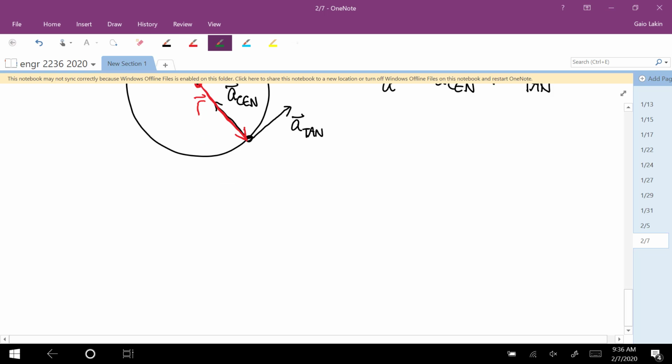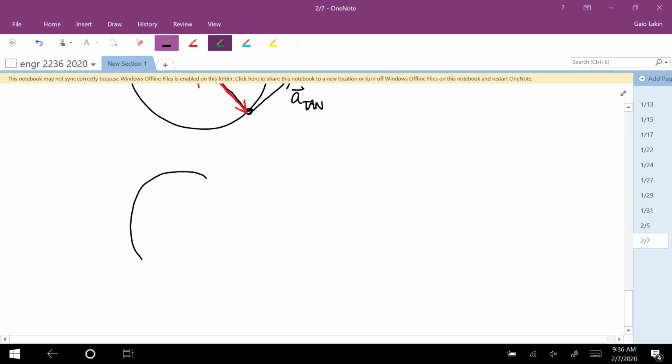So if you're moving in a circular path, and your coordinate system is this, let's say, we know from experience that the seatbelt is applying a force this way, right?